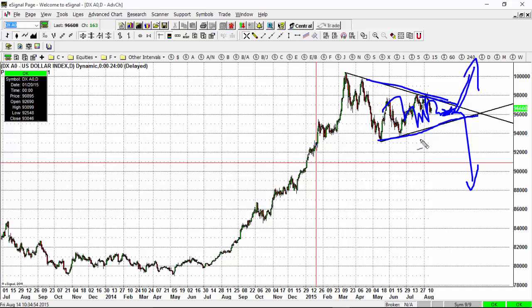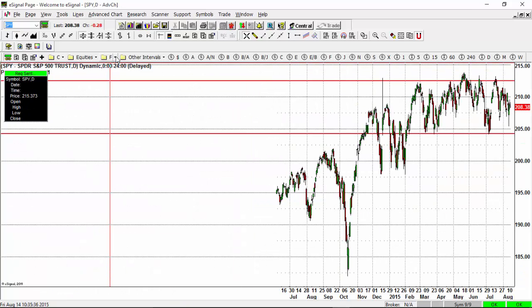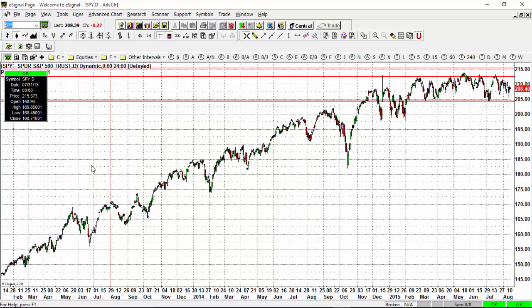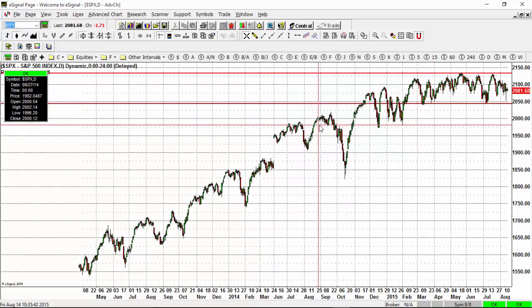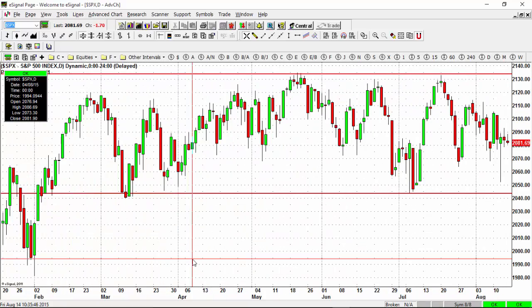And another example of market consolidating is the S&P 500. Now, as you can see here, we're in a channel consolidation. Now, the mainstream media, listening to them, they are saying the market is not really going anywhere. It's in a wait and see situation.